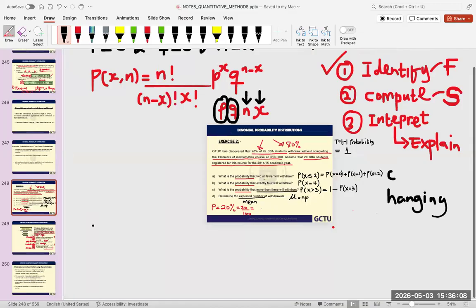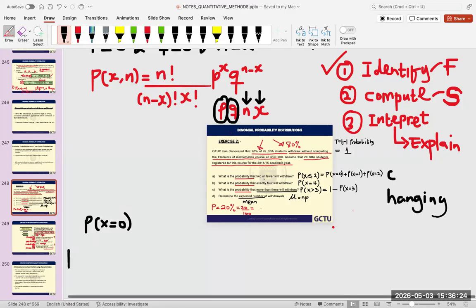Probability of x equals 0. So we have P of 0 out of n is 20.